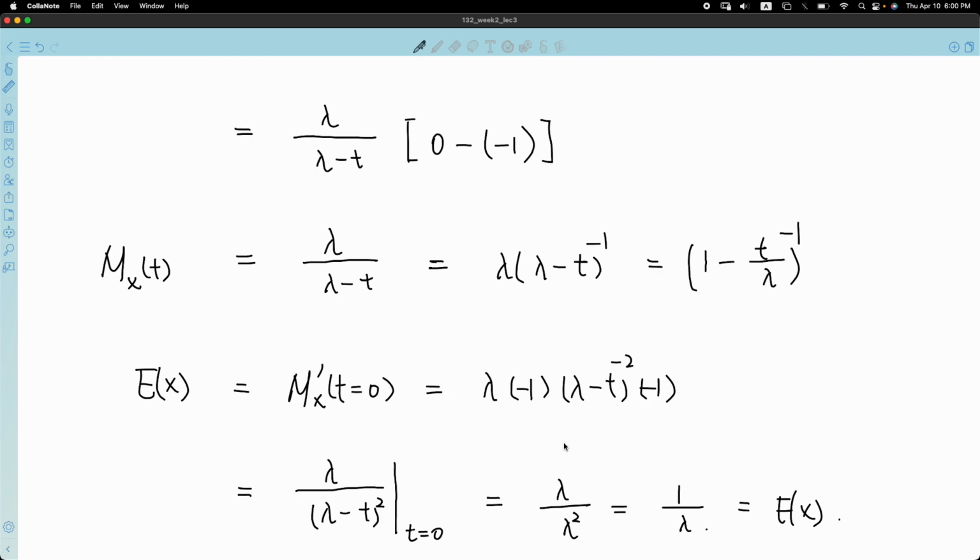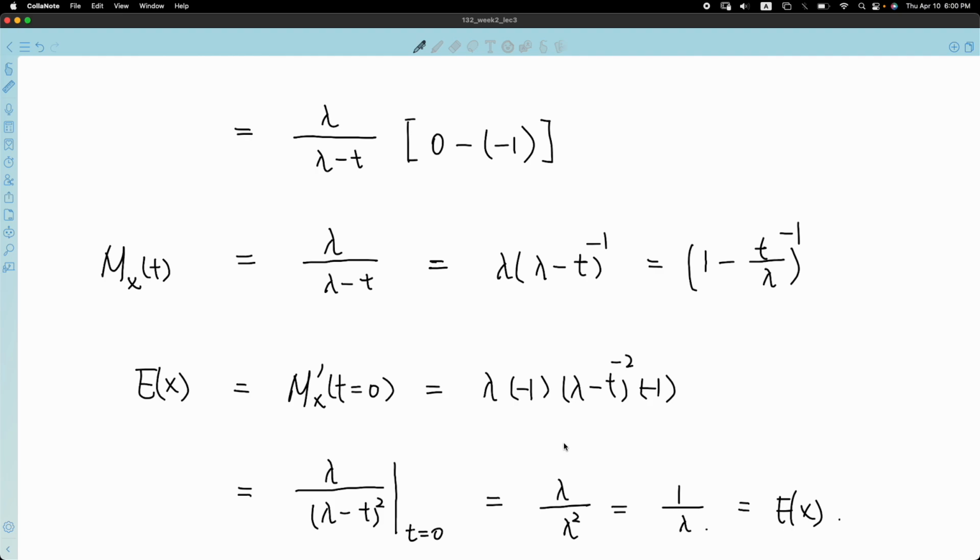Can someone remind me, did we do the Poisson distribution in the first week? Through the expectation, on the blackboard? I'm pretty sure we did. Okay.